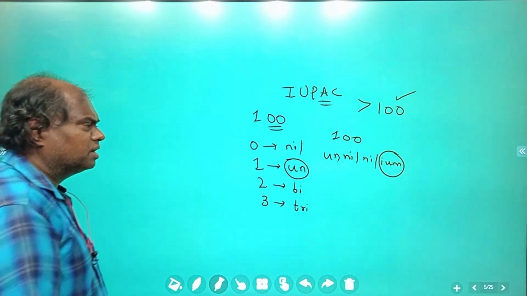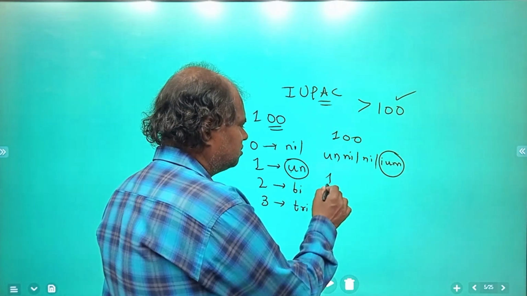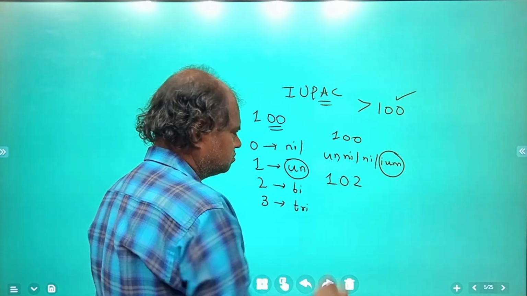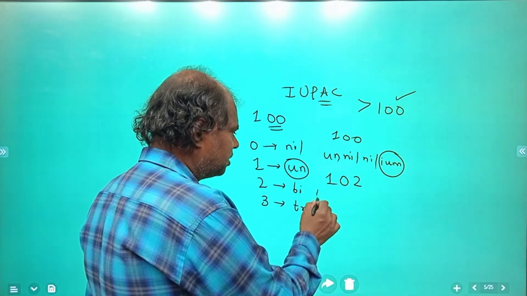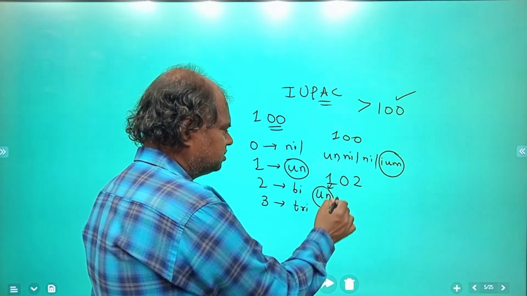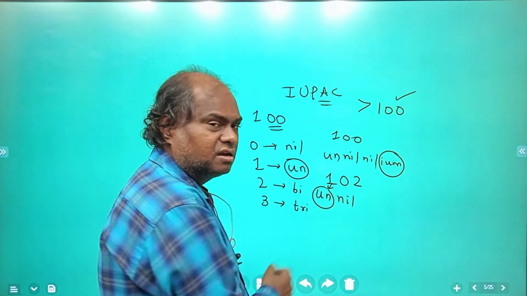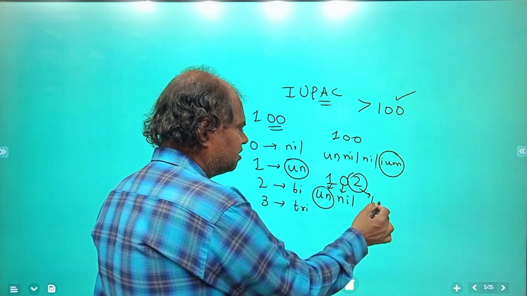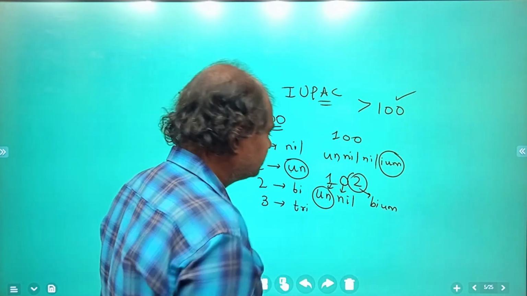Suppose I want to name a compound like this: 1, 0, 2. For 1 I use un, for 0 I use nil, and for 2, I'll use bi. So what is the name of this compound?